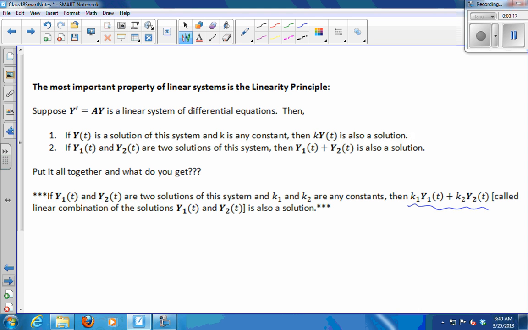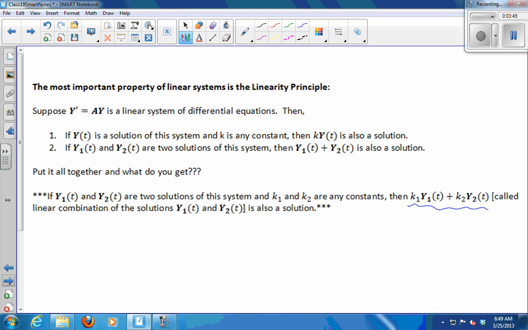So if you happen to know 2 solutions, you can generate infinitely many more solutions by taking linear combinations of the 2. So all of this rests on knowing 2 solutions. If you happen to have 2 solutions fall in your lap from the sky, then you can generate any number of solutions you want by taking linear combinations of the 2 you know.